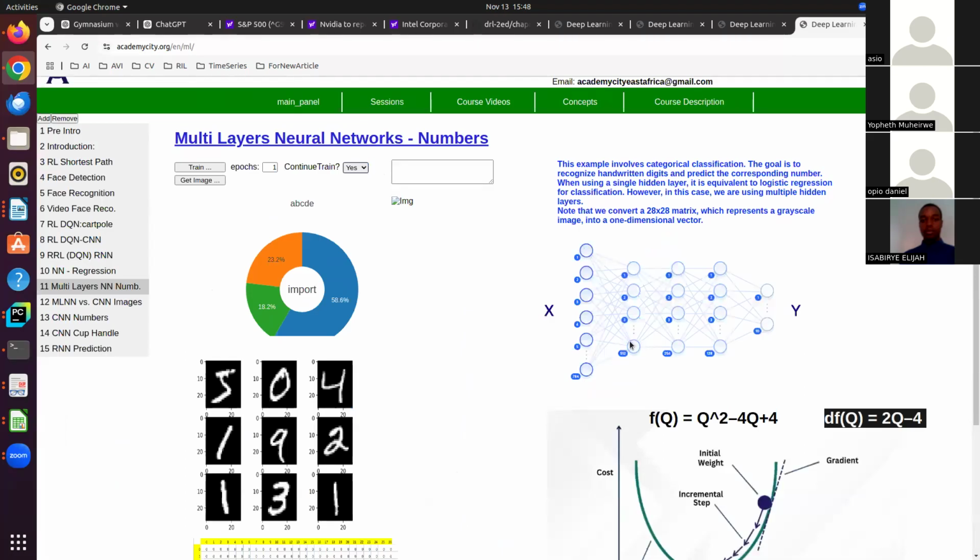But this is still a simple neural network, a multi-layer neural network, but it's not convolution. Convolution is very complex. We're getting to that, but it gives beautiful results. It's getting very close to 100% accuracy, which is amazing. When we talk about computer vision, it's all using convolutions, okay?